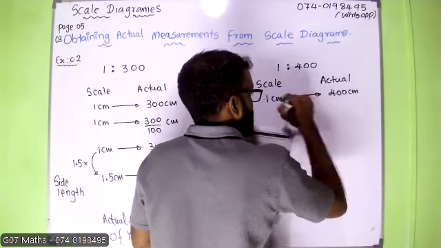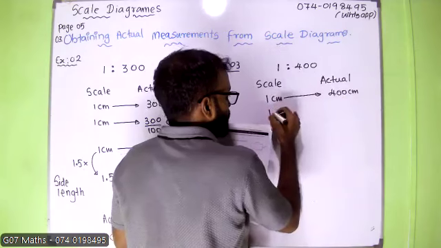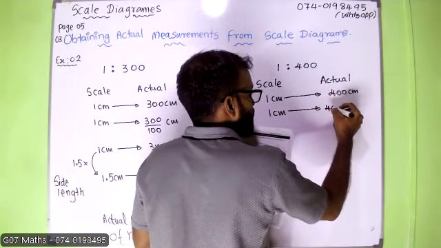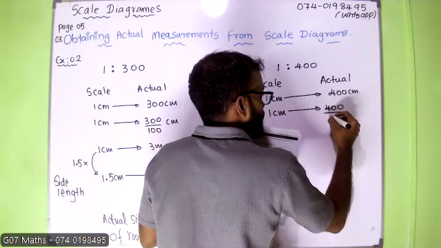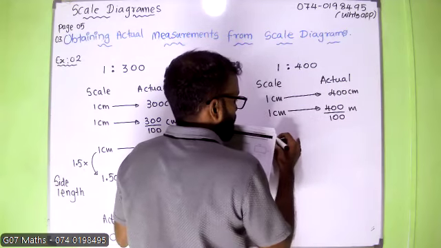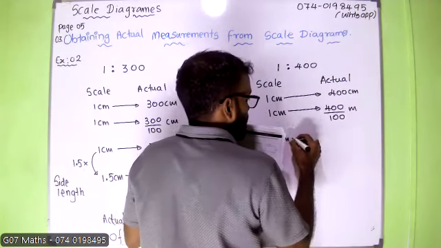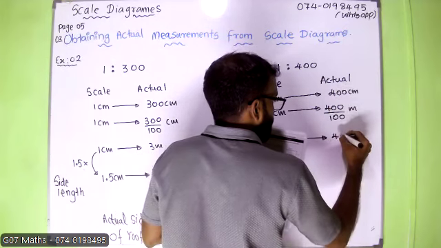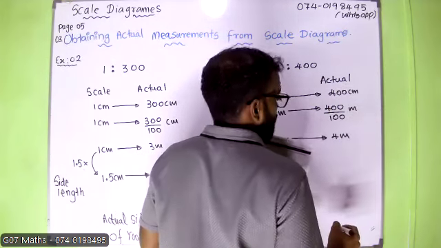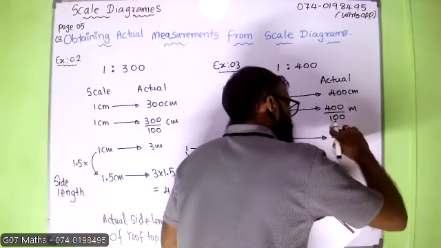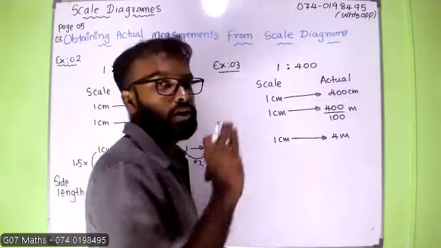By using 1 centimeter, I am going to represent 400 centimeters, so that I can convert this 400 centimeters into meters. 400 divided by 100, so 1 centimeter represents 4 meters of actual length.